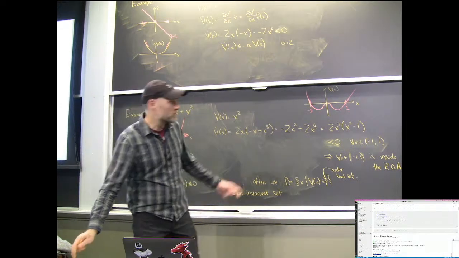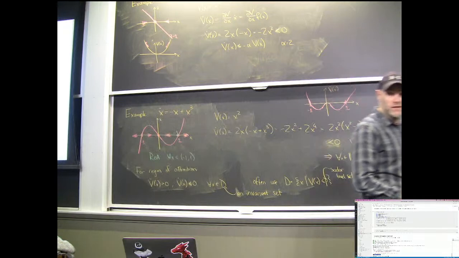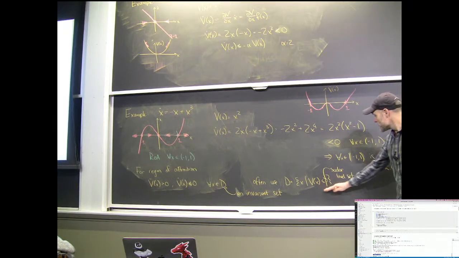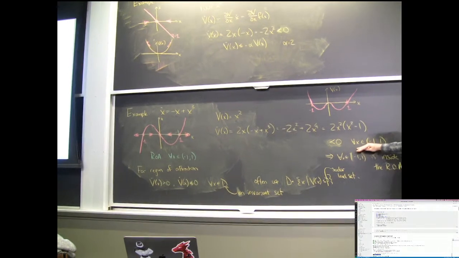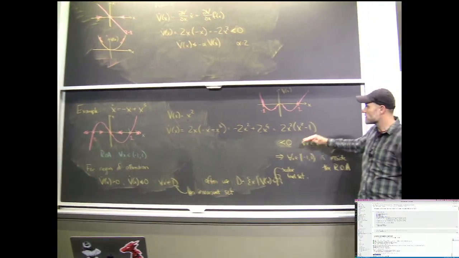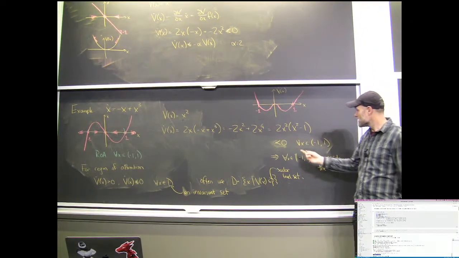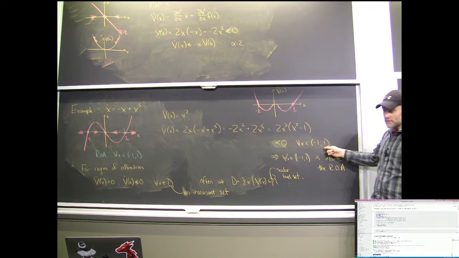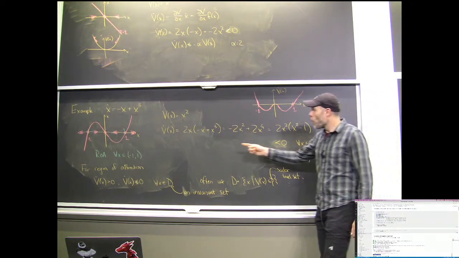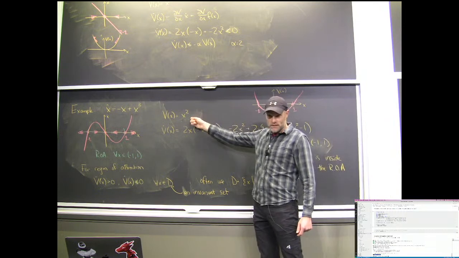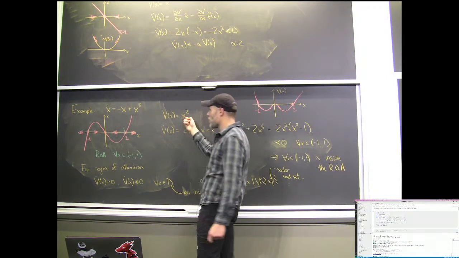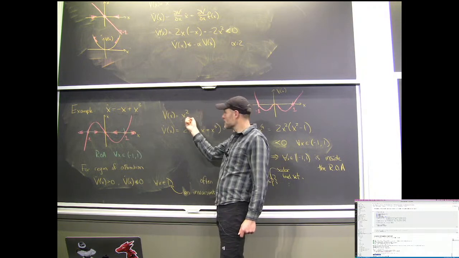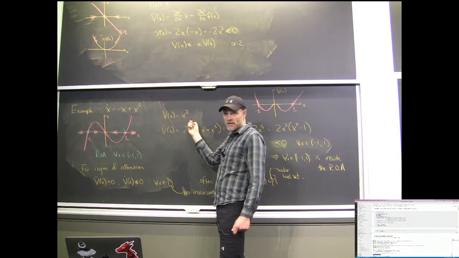Okay. Does the mechanics of that make sense? So this worked here. This was sufficient to prove the region of attraction because x between -1 and 1 was a sublevel set of V. V strictly less than 1 here gave us an invariant set.